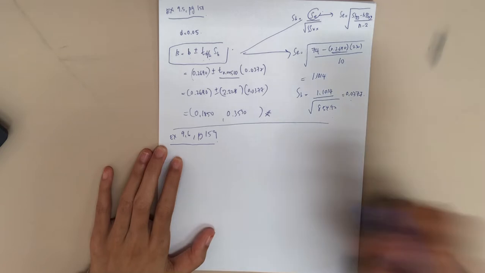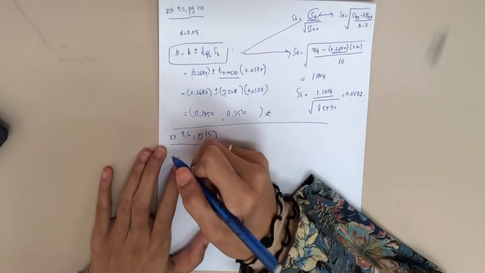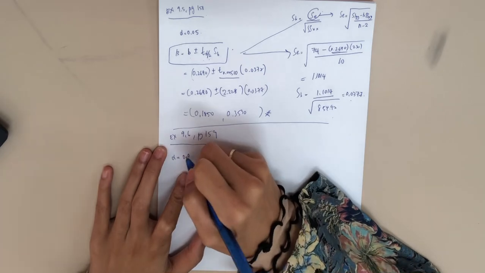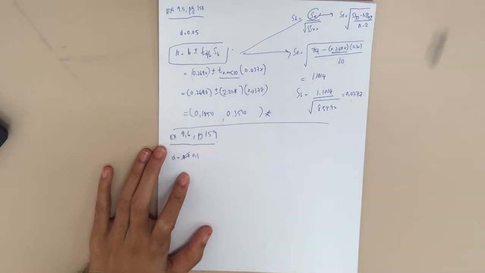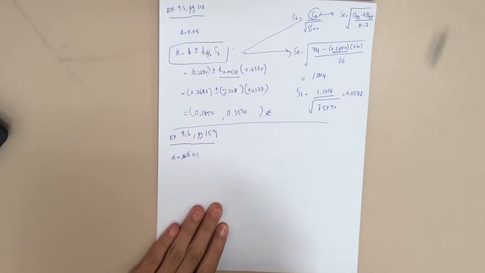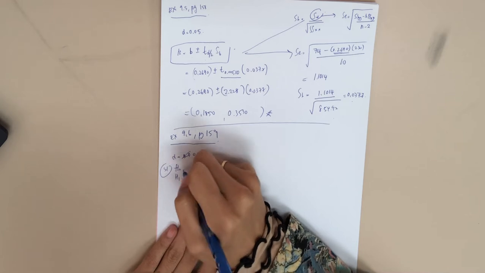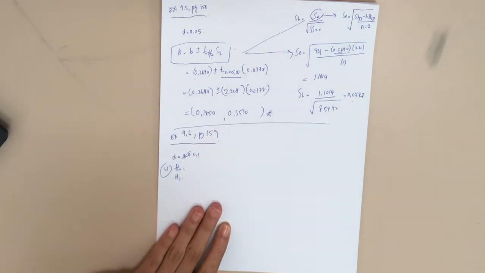So for hypothesis testing, we want to test at alpha 0.1. It's 10%, so 0.1, because 10 over 100 is 0.1. Step number 1, you need to first state your H0 and your H1. As I mentioned just now, the statement already says can you conclude that B is different.